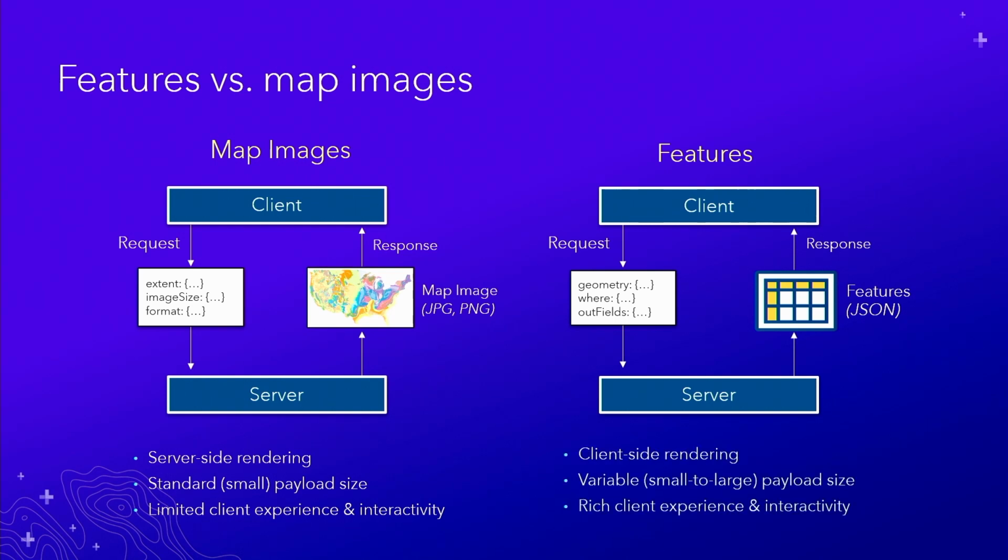Features are rendered client-side, and the trade-off here is that you can have a very variable payload that gets sent back to the client. Sometimes it might be a few kilobytes, sometimes it might be hundreds of kilobytes or even megabytes. And that has a big impact on the perceived performance, both because it takes time to download all that data and because it takes time to draw large amounts of data like that. On the flip side, you get very rich interactivity and a great client-side experience.